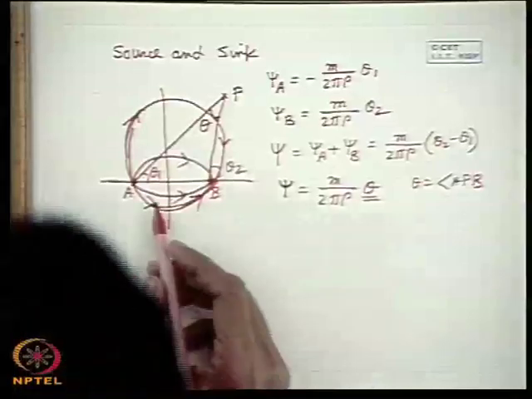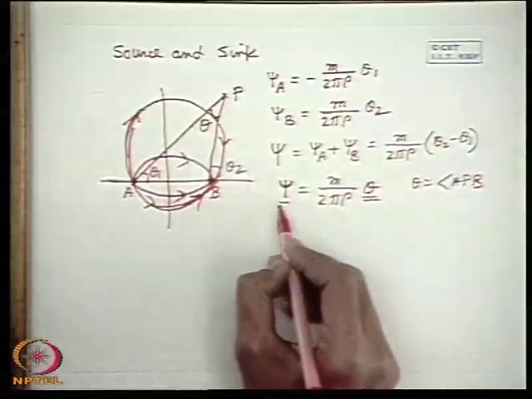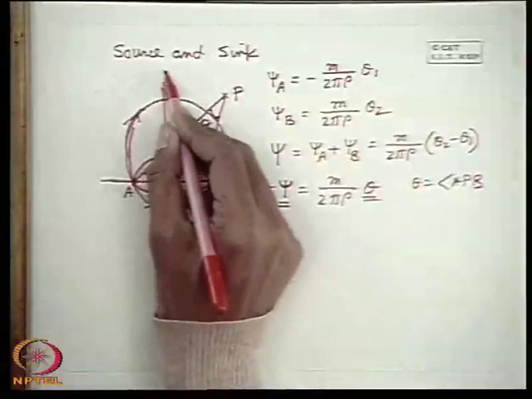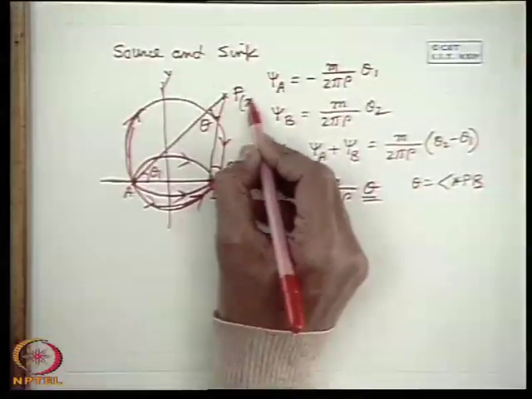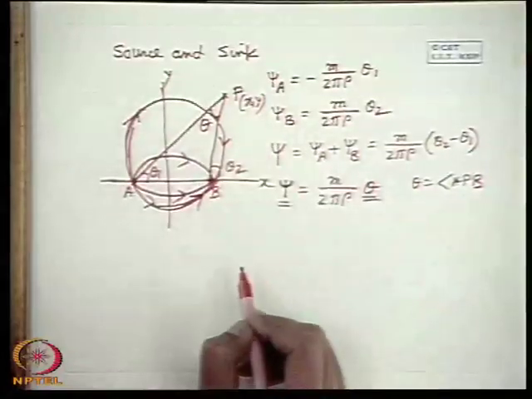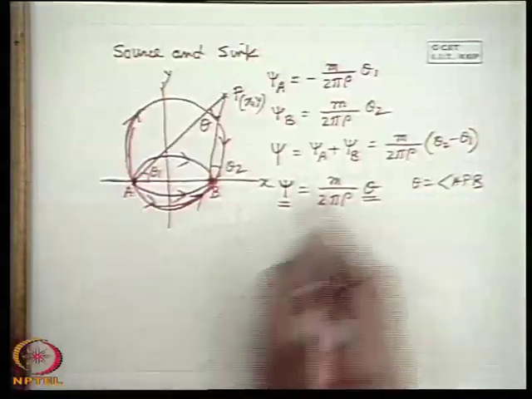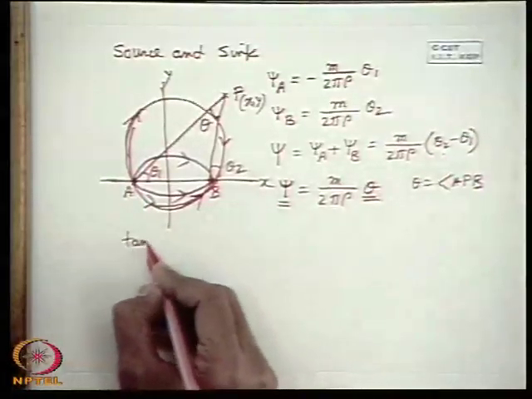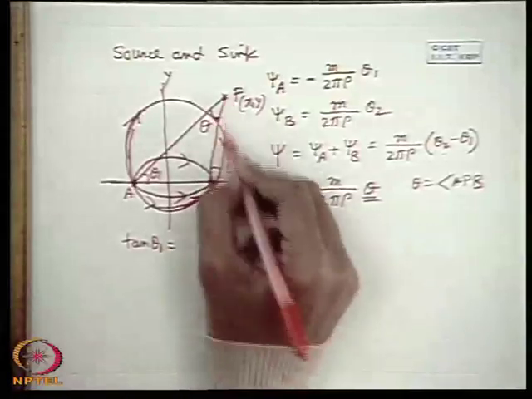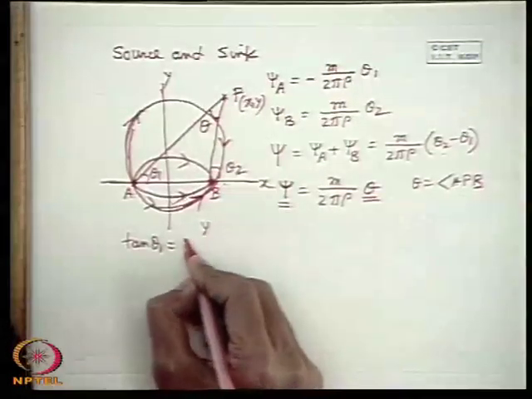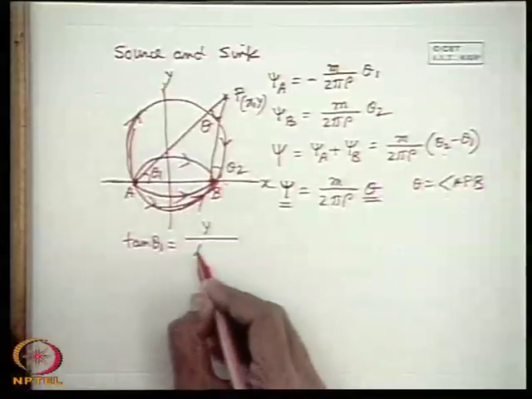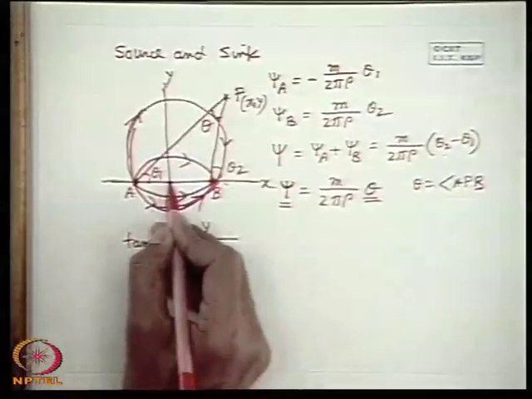Now we can develop the expression for the stream function in a Cartesian coordinate system. Let us consider this x and the y axis. Let the coordinate of any point be x, y. Then we can write tan theta 1 and tan theta 2. Tan theta 1 is the y coordinate of the point divided by b plus x, where we take this distance as b.